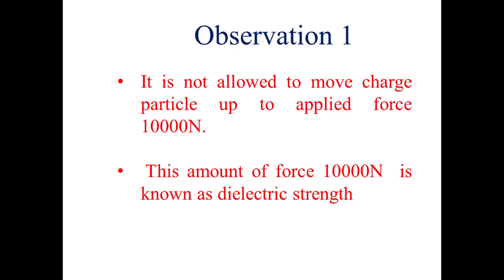Here we are observing 2 points. The first observation is that charged particles are not allowed to move up to an applied force of 10,000 newtons. This amount of force is known as dielectric strength. Up to this point, the valence electrons do not move away from the atom. It is called an insulator.